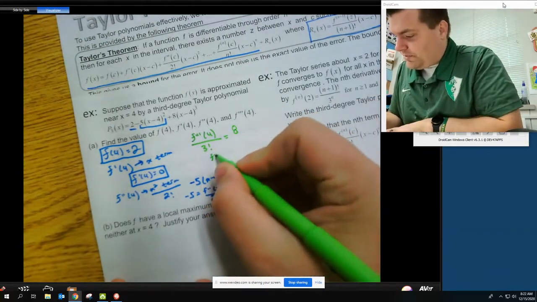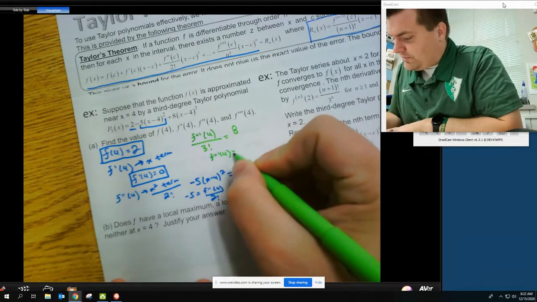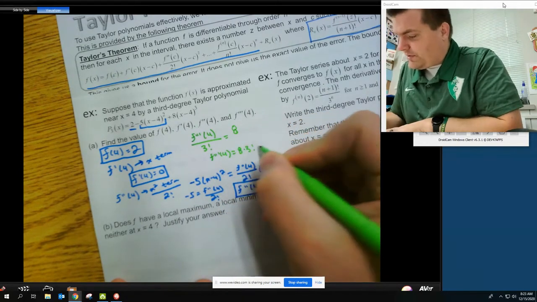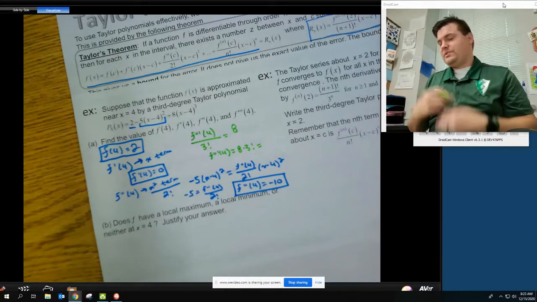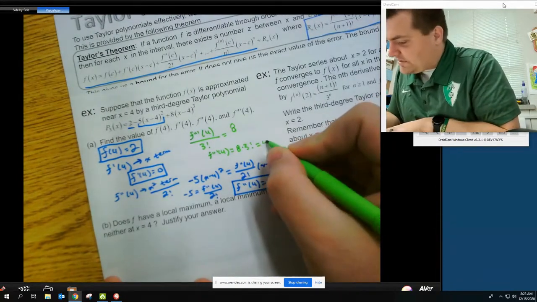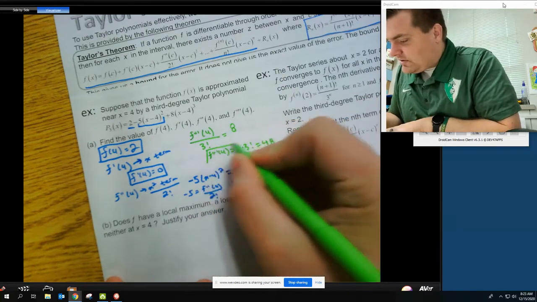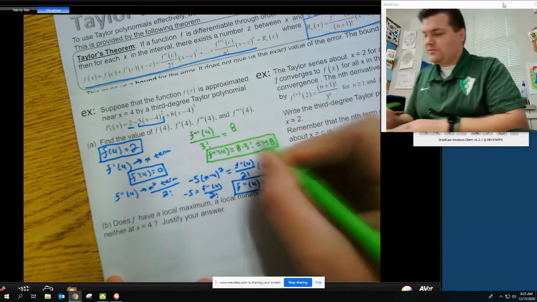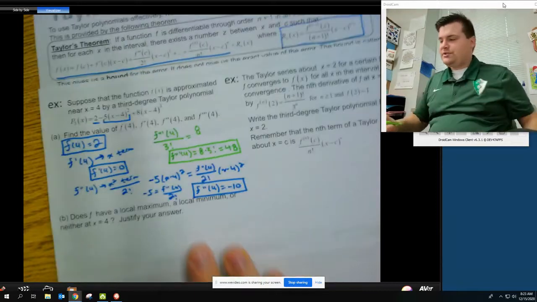So f triple prime of 4 is going to be equal to 8 times 3 factorial. 3 factorial is 3 times 2 times 1, which is 6. So 6 times 8 is going to give me 48. And those are my 4 terms for that one right there. So all we did was just work backwards.